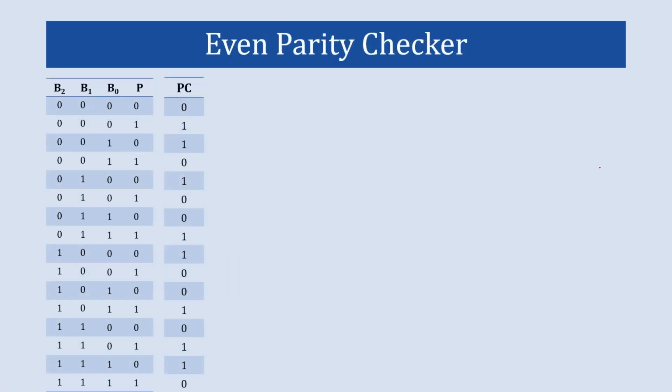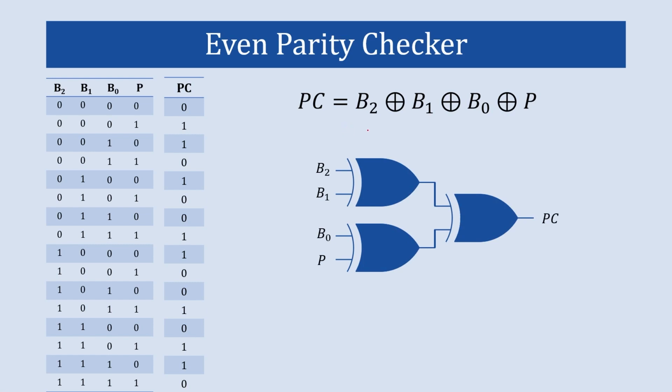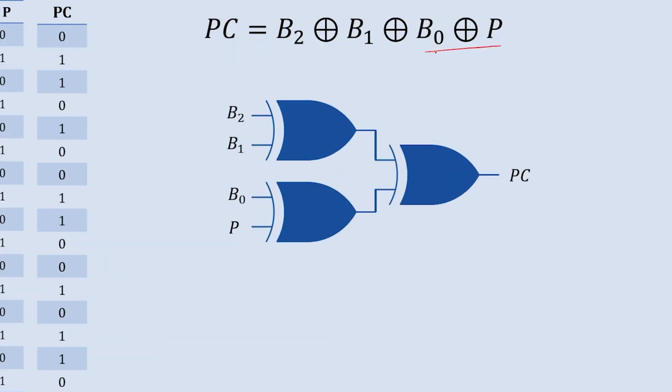The equation for the 4-bit even parity checker is B2 XOR B1 XOR B0 XOR P. So using this equation, if we develop a logical circuit for the 4-bit even parity checker, the circuit looks like this. First of all, we'll do the XOR operation of B0 and P, here it is. Then the XOR operation of B1 and B2, here it is. And then the XOR operation of the result of these two, here it is. And finally we'll get the parity checker output.